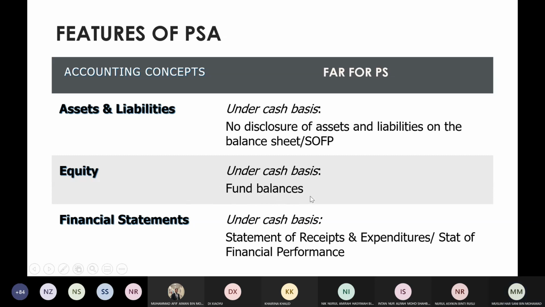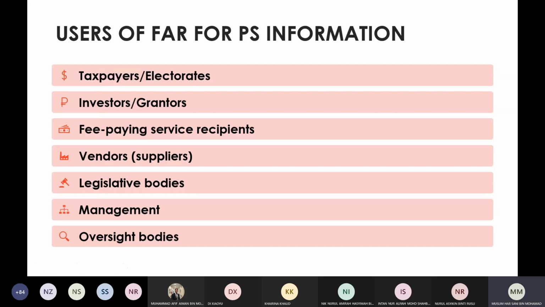Accumulated fund balance. So you expect to see this in government financial statements. Financial statements under cash basis: statement of receipts and expenditures, statement of financial performance. I think we'll discuss that later. So that's just a brief overview of the features of the financial statements.